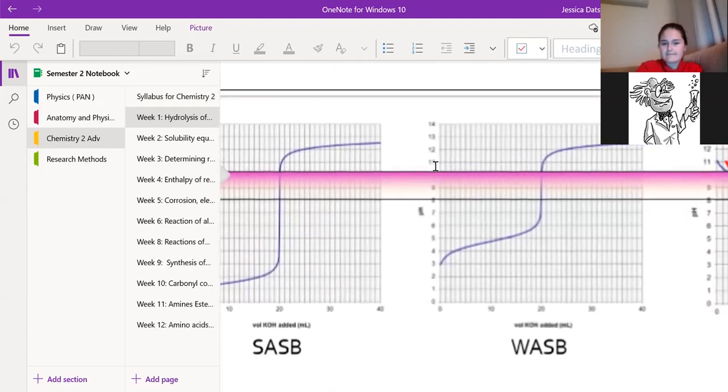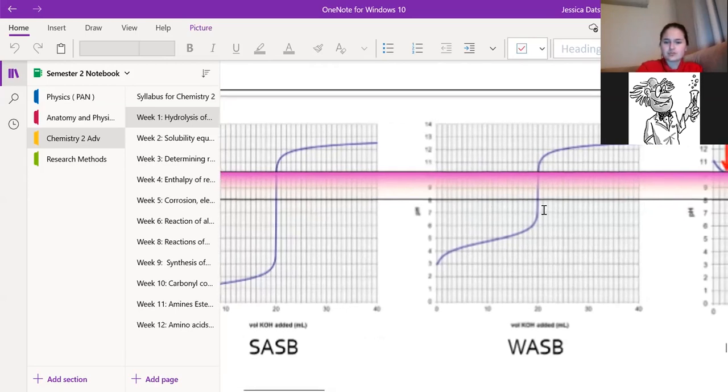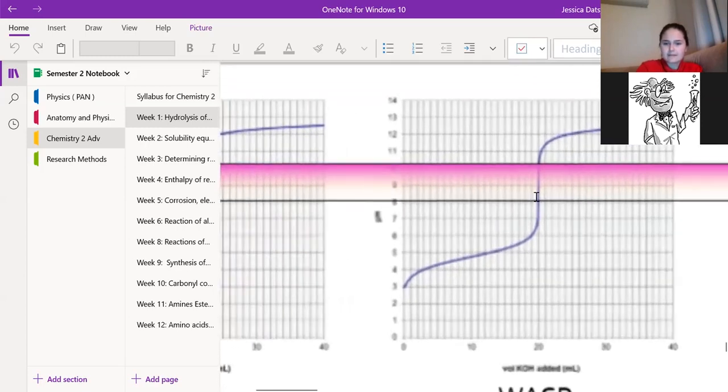The weak acid, strong base takes longer to reach the straight, it's less steep. And can you see that the middle equivalence point is always going to be a pH greater than 7.